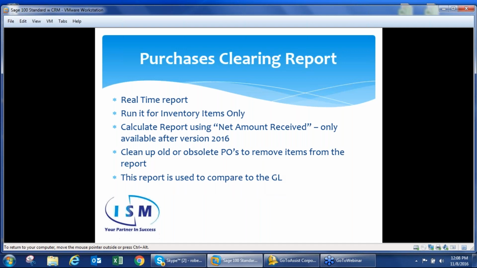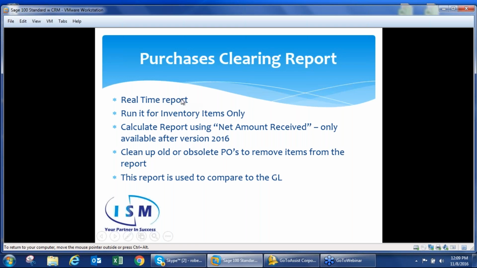Again, our goal with the balance sheet is to have as many reports as possible as backup to tie to our balances. We use our AP trial balance to tie to the AP account in our GL, and we use the AR trial balance. Well, the purchases clearing report should be a good report to use to tie back to the balance at the GL.